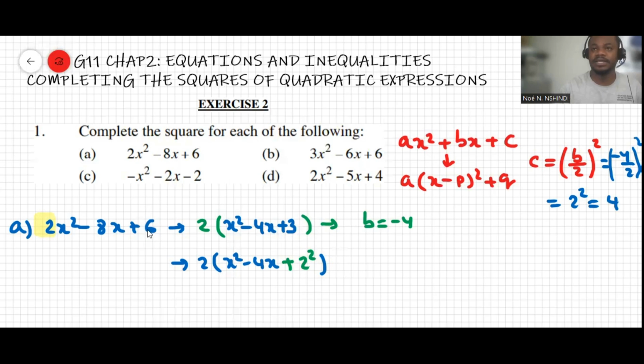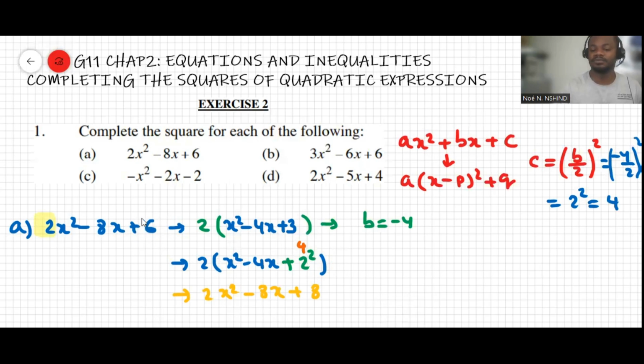Check this out. If I times all this out, 2 squared is 4, so it's going to be 2x squared minus 8x plus 8, because 2 times 4 is 8, but initially I had 6.